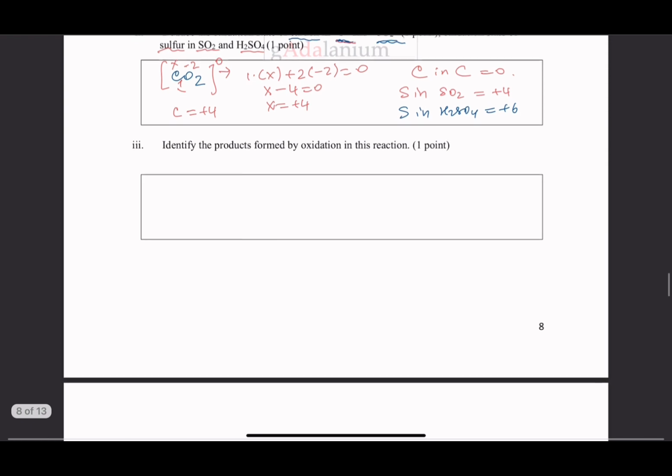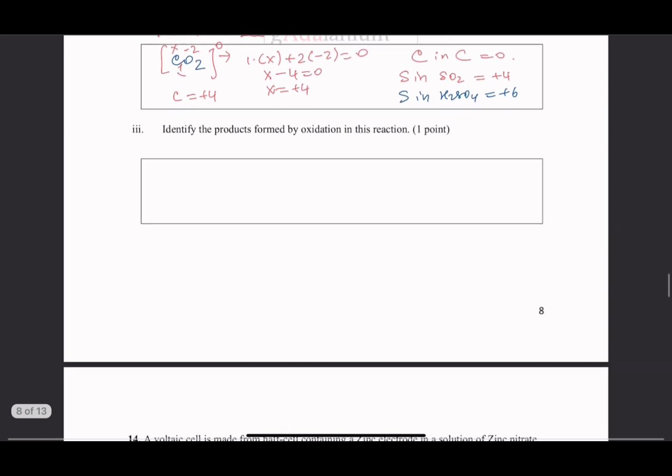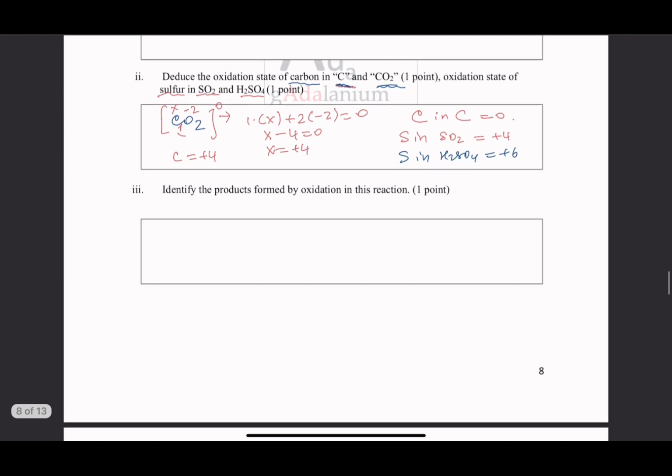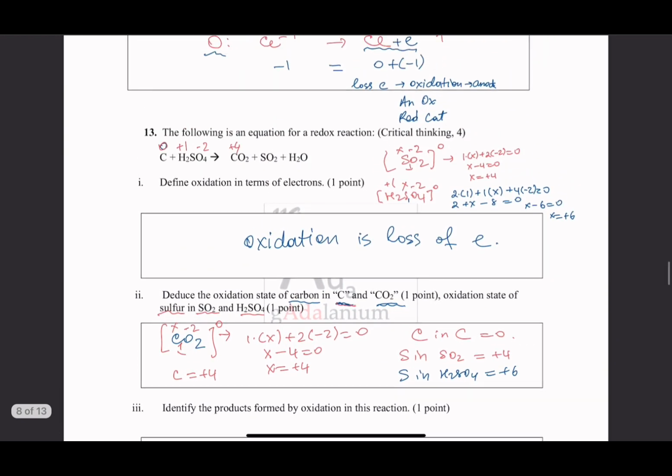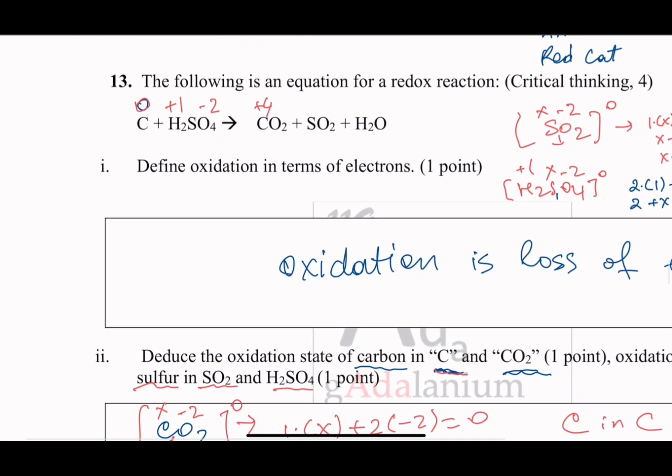Okay, now it's asking to identify products formed by oxidation in this reaction. So before we go, we need to know that the numbers mathematically need to go up for us to call this oxidation. So sulfur went from plus 6 to plus 4. So it mathematically dropped, right? Went down from 6 to 4. So this is reduction.